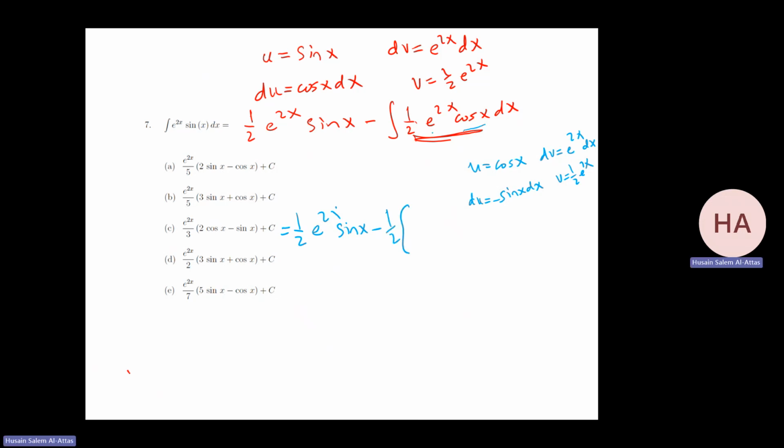What do I have now? I need to integrate this. I have this times this, half e to the x cosine x, minus the integral, that will be plus half e to the x sine x dx.